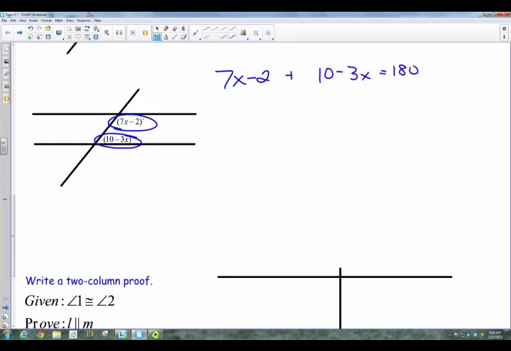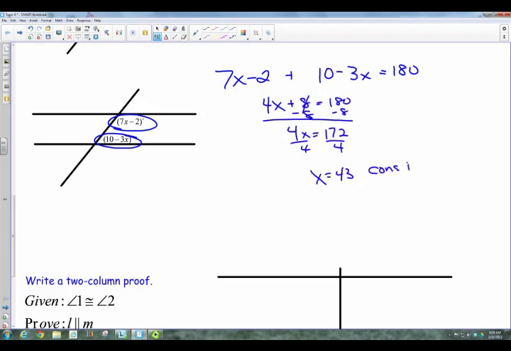First step, combine like terms. 7x minus 3x is 4x. Negative 2 plus 10 is 8, equals 180. Subtract 8, and that gives you 4x equals 172. Then you divide 172 by 4, and you get x is equal to 43. The reason would be consecutive interior, and there's your answer.